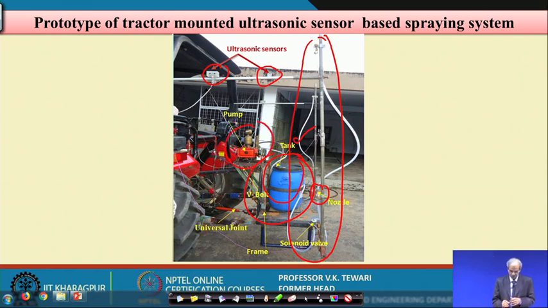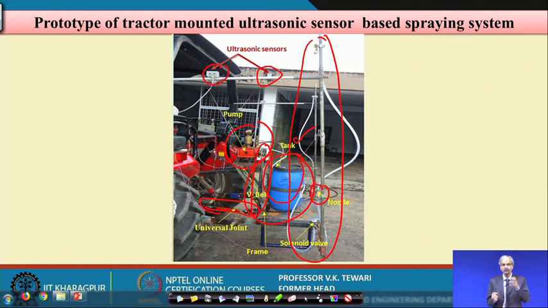This pump will be operated by taking power from the PTO. You can see that through the universal joint we have joined the PTO, and this is the power which is transferred. So, we are transferring the power from the PTO to the pump. Once the pump runs, the delivery is available to you.